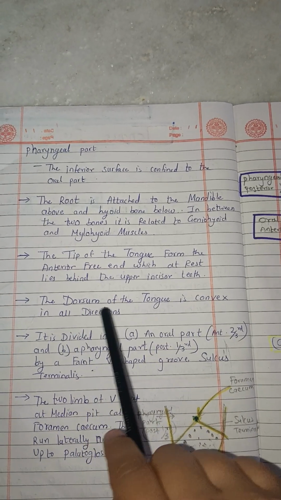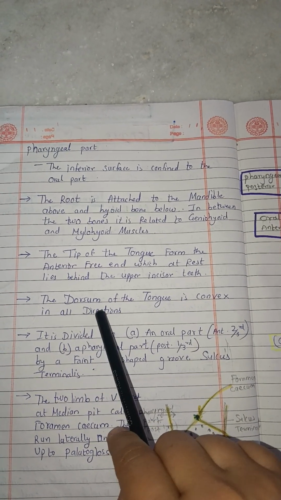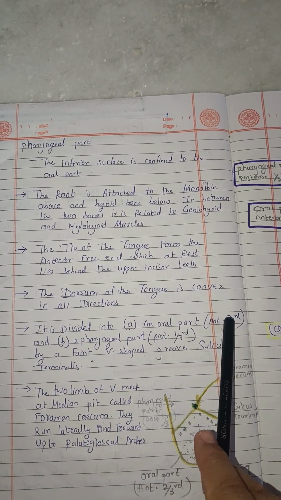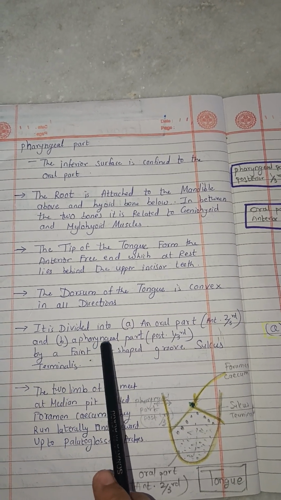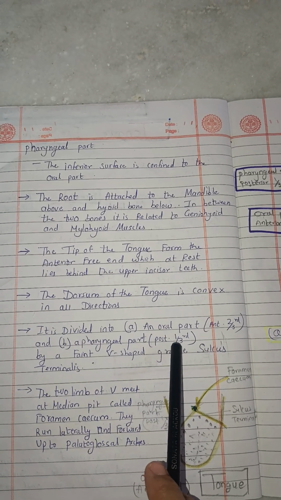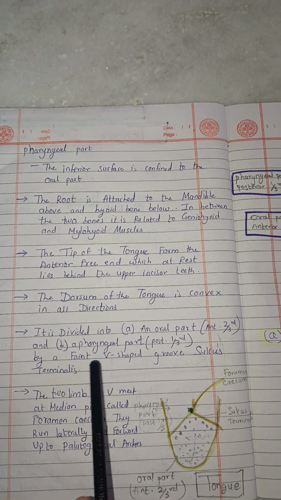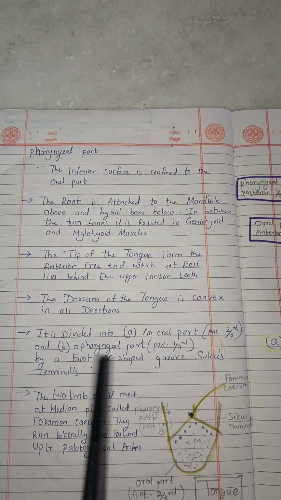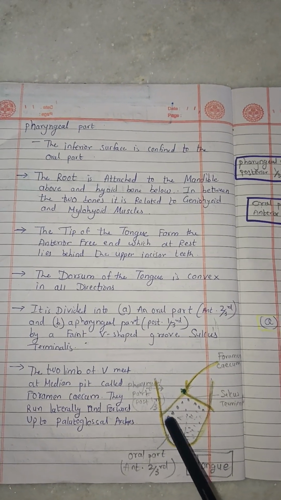The dorsum of the tongue is convex in all directions. It is divided into an oral part, that is the anterior 2/3, and a pharyngeal part, that is the posterior 1/3, by a faint V-shaped groove called the sulcus terminalis, which we have shown in the last figure. Here it is also shown in this figure.